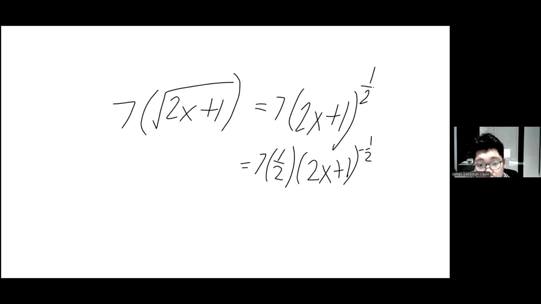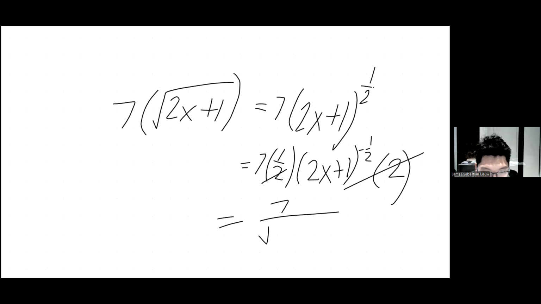And then this is going to be multiplied by the differentiation of the inside. So that's gone. And then based on your indices and surds knowledge, you should know that this is your final answer. Okay.